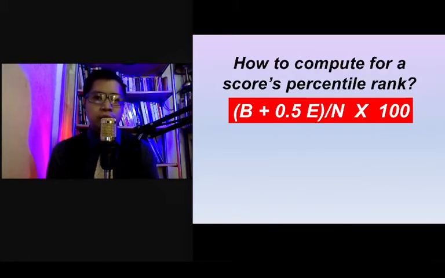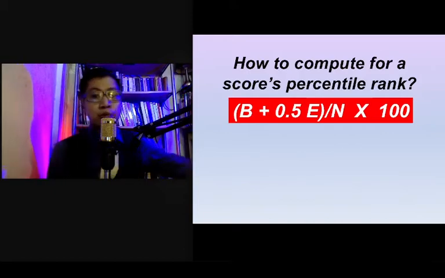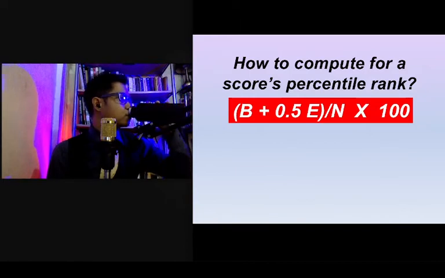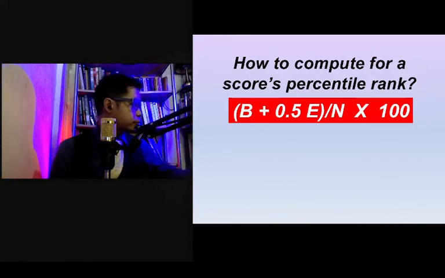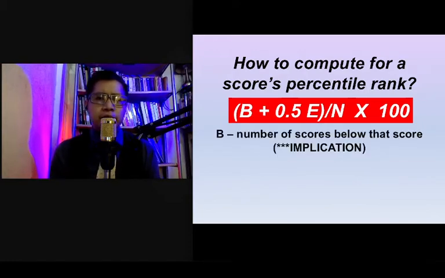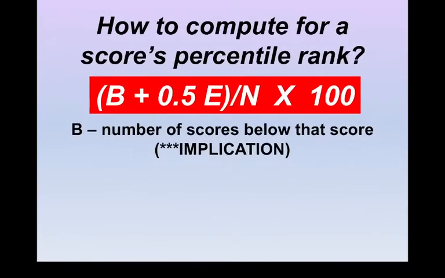Paano ba kino-compute yung percentile rank? Merong formula dyan. That's the formula. That's capital letter B plus 0.5 times E divided by N times 100. Ang ibig sabihin ng letrang B, these are the number of scores below the score na hinahanapan natin ng percentile rank.